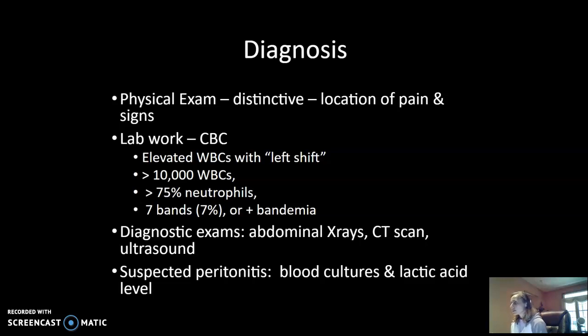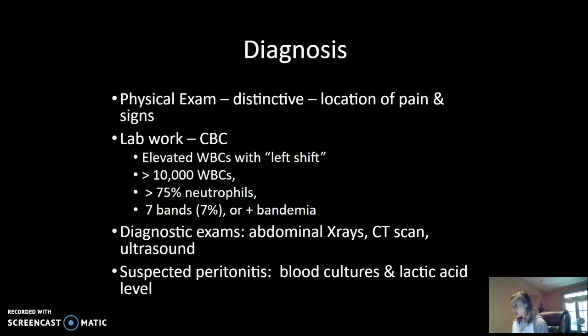We may suspect peritonitis if the person complained of severe pain and then suddenly they're telling you, you know what, I feel better now. That might mean that the appendix has actually ruptured. There's all that tight inflammation and suddenly it ruptures and they feel better.